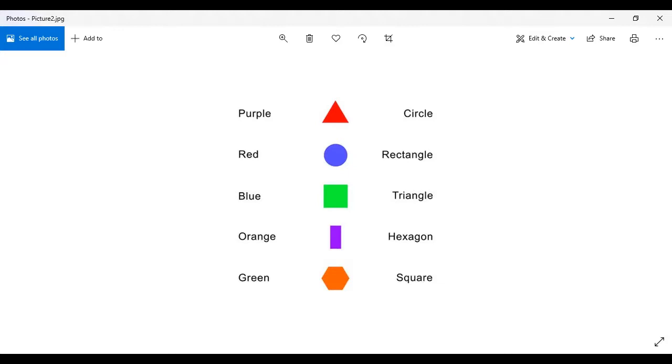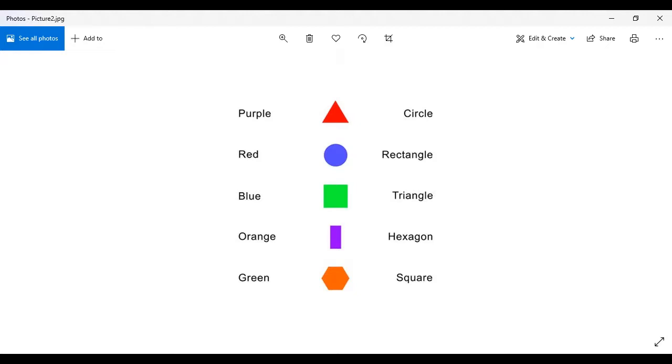Then next, what do we have next? It's a circle. Very good. And where is circle written? Excellent. On the first number. And what is the color of it? Blue. So where is blue written? On third number. Very good. Look at the next one. What is the next picture?